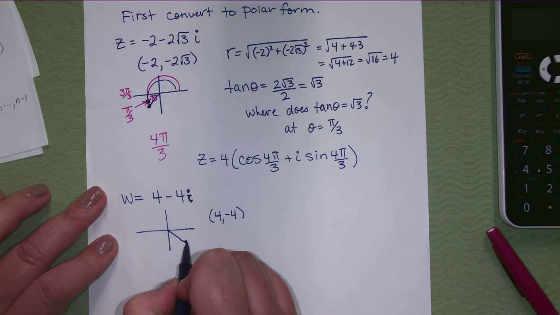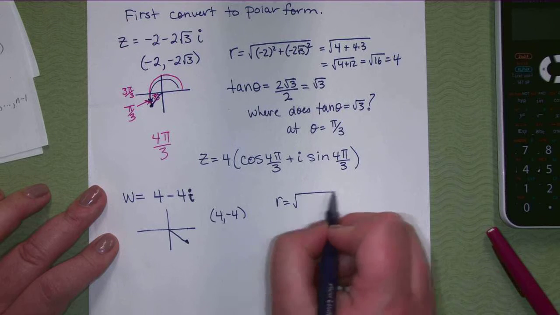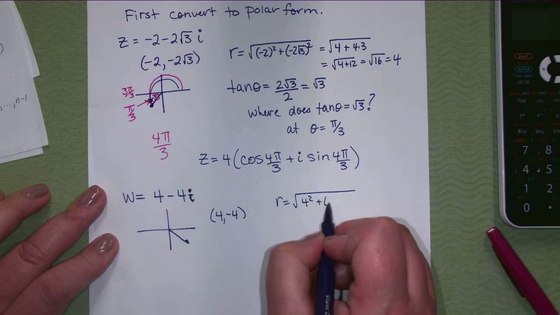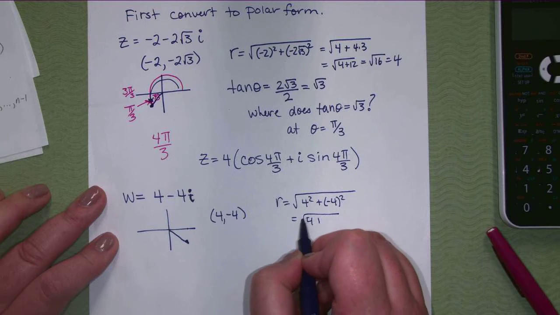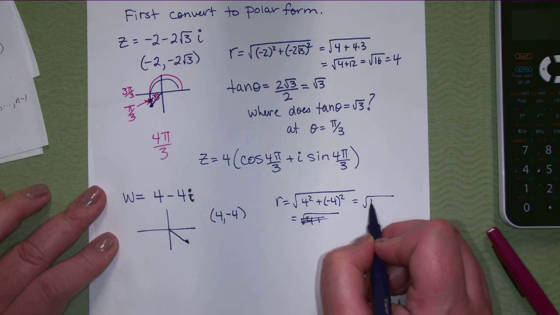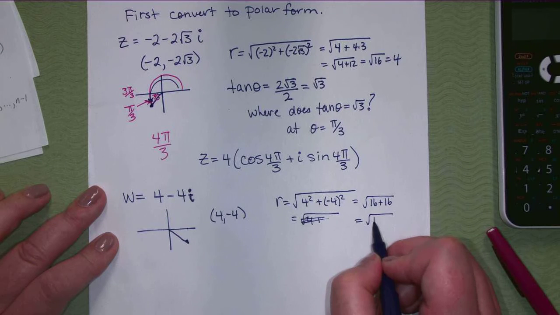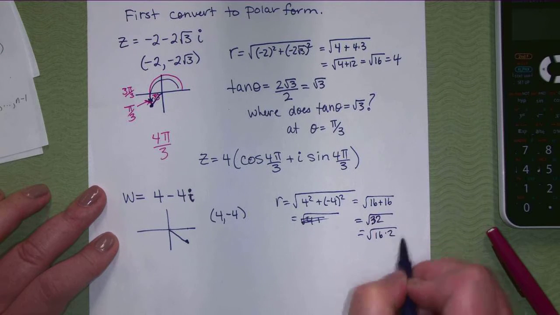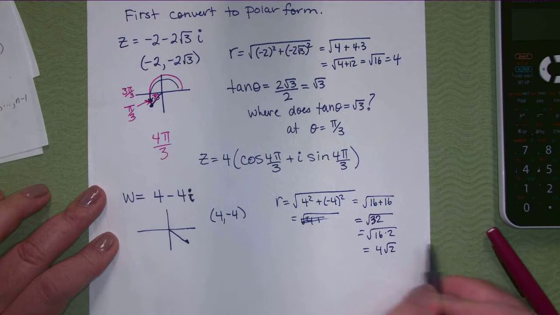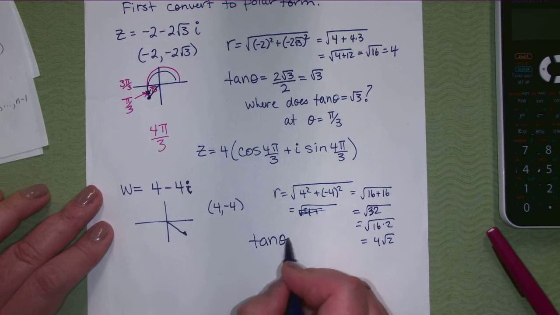We need R. 32, 16 times 2, so 4 root 2. And tan is B over A, so 4 over 4, which is 1.